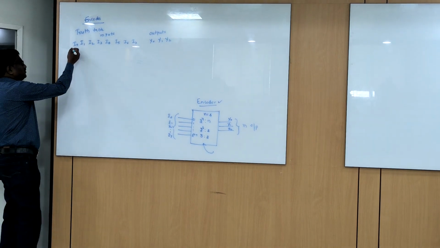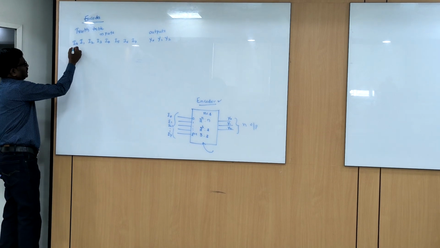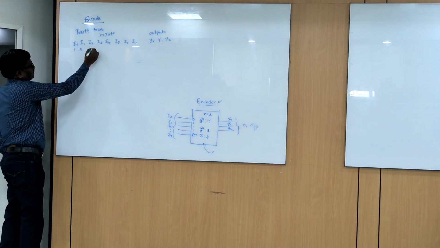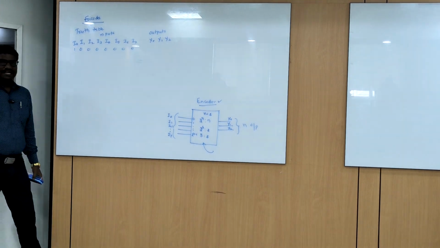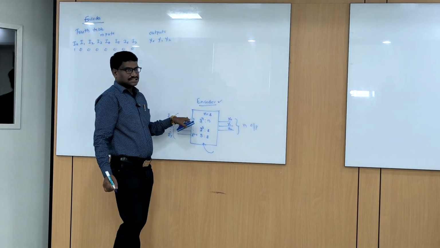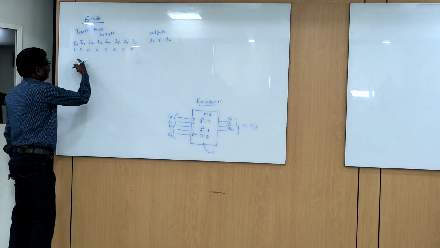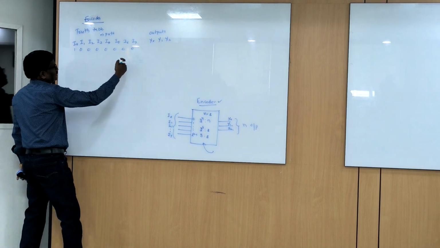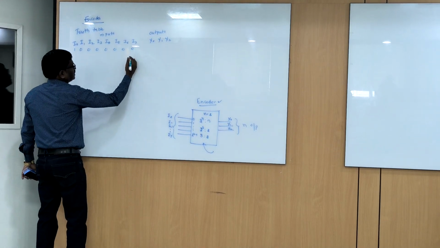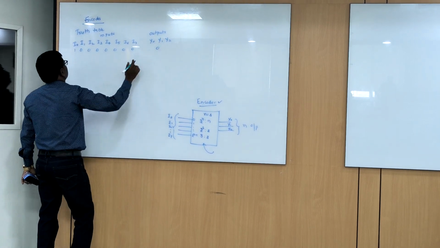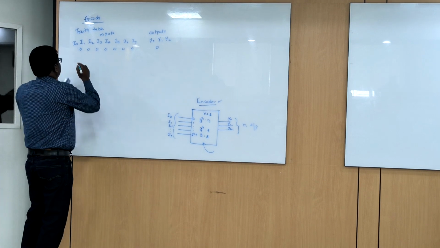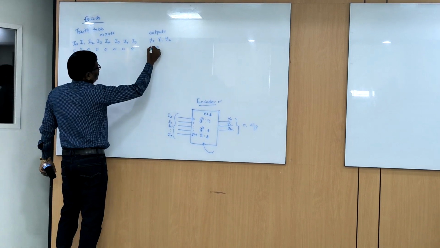Okay. So if the input is, let's say, 1 0 0 0 0 0 0 0, there is data on line 0. What exactly will happen is, everything is 0, output is 0.